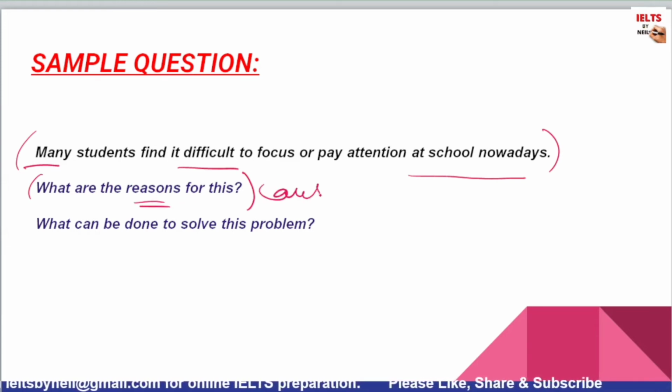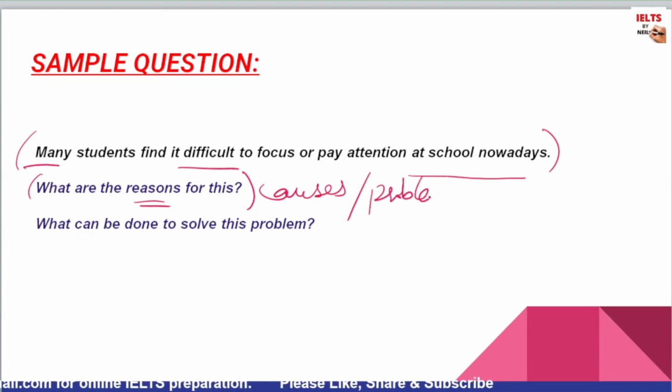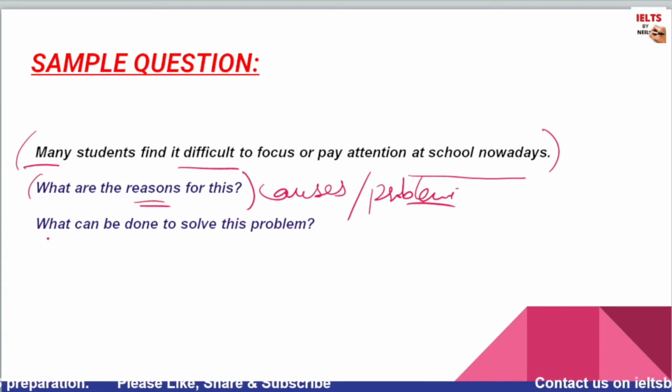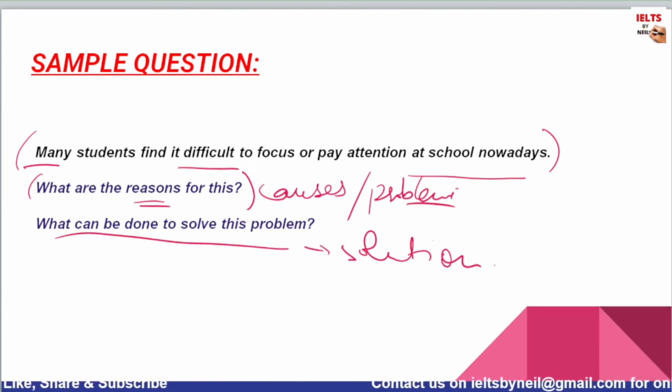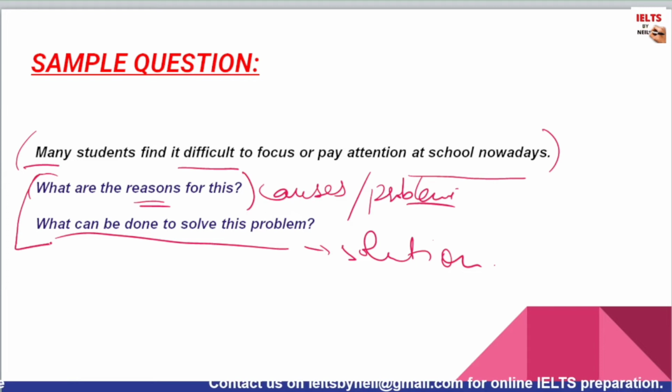Or they can say, what are the causes for this? What are the problems? What can be done to solve this problem? They're asking for a solution. So we can see that the question is asking for problem and the solution. So we can say that it is a problem and solution essay.